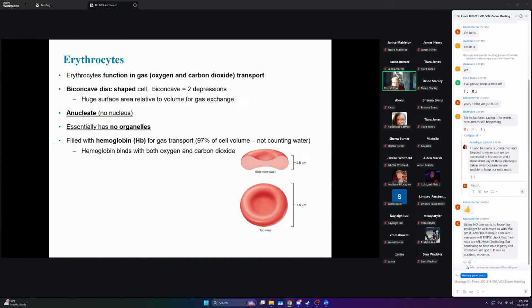And then at the same time, it forms a magnetic bond for carbon dioxide and pulls the carbon dioxide on to carry and remove the waste away back to the lungs. Okay. Almost all oxygen is carried on erythrocytes, but only a small percentage of carbon dioxide is actually carried on erythrocytes. Most of it is in the blood plasma, as we'll see in the next slide.